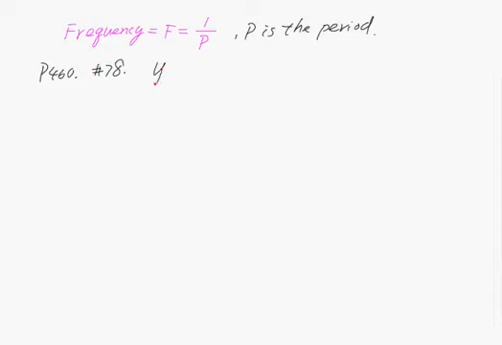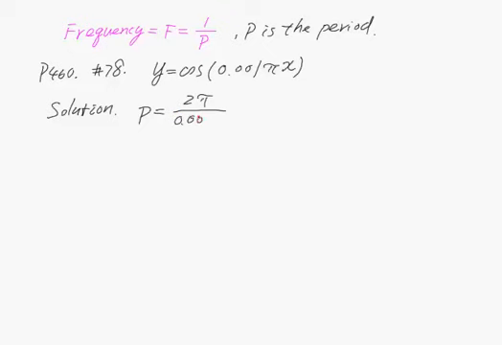Our function is y equals cosine of 0.001 pi x. Period P is equal to 2 pi divided by the coefficient of x.